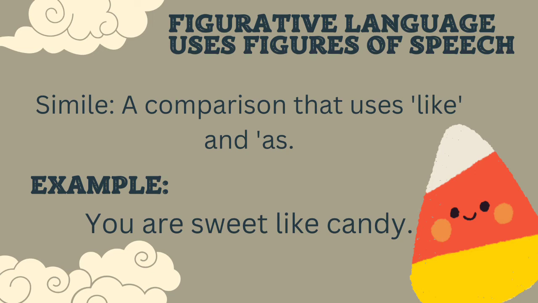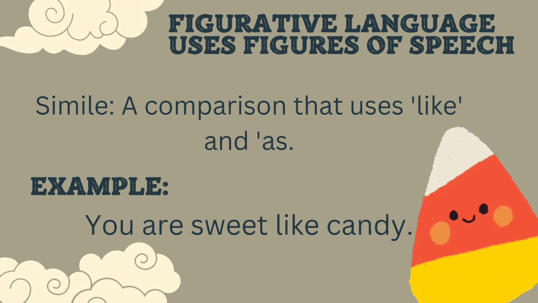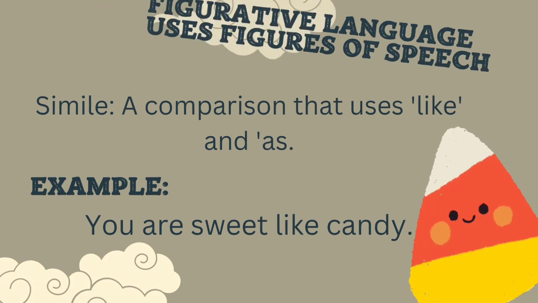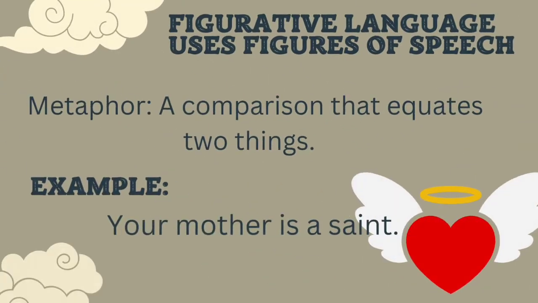So now we have here an example of figurative language that uses simile. When we say simile, these are explicit comparisons of two things that use like or as. For example, you are sweet like candy. It is a simile that compares the person's character to the sweetness of candy using like.